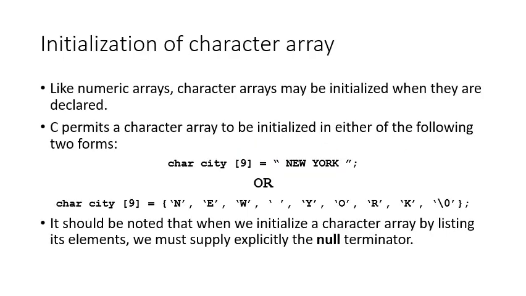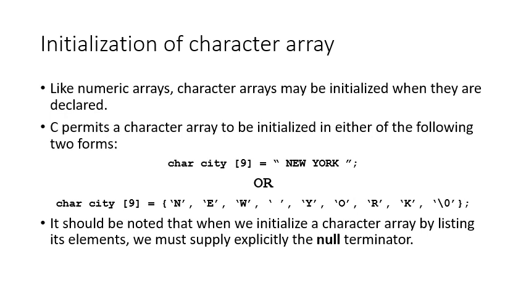like numeric arrays, right? Whatever arrays you have studied till date, one of them will be the numeric array. Character arrays may be initialized when they are declared. So whenever you declare an array, you can initialize them as well. C permits a character array to be initialized in either of the following two forms, right?